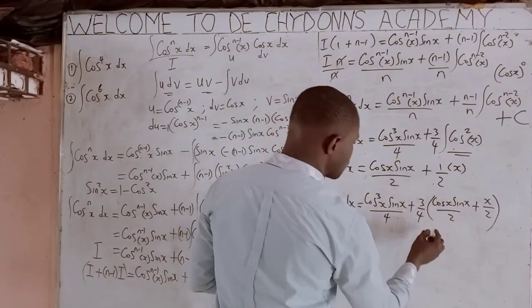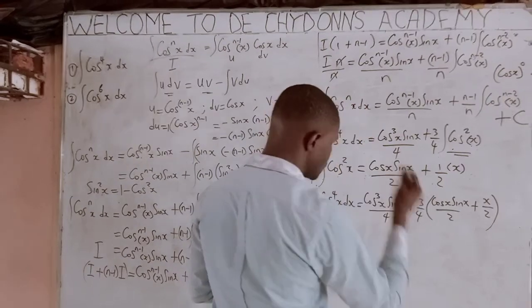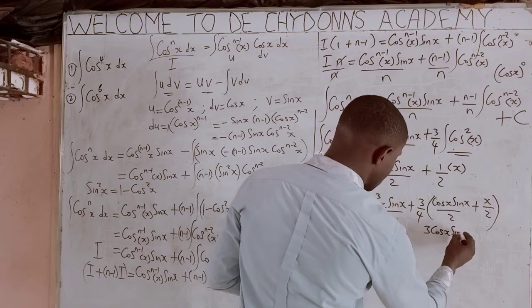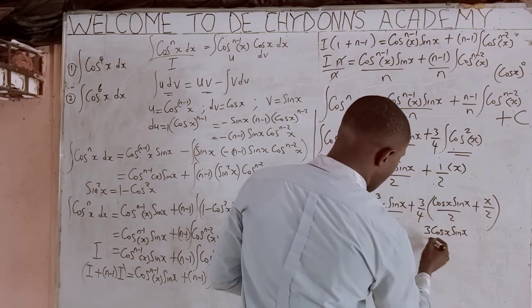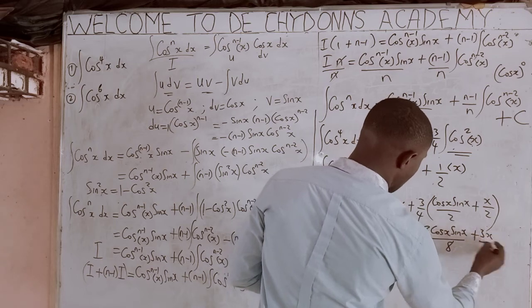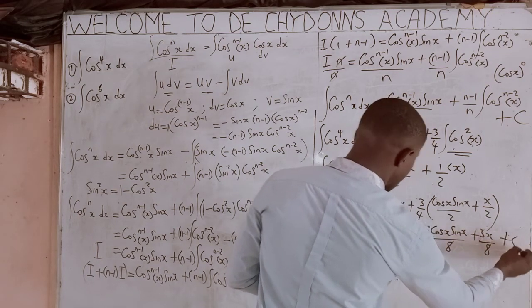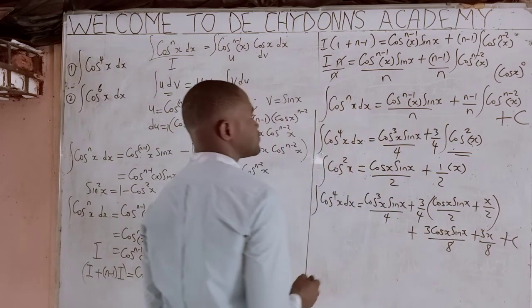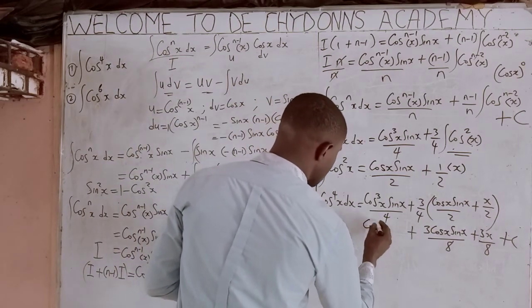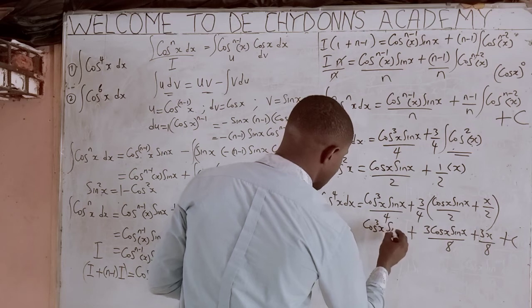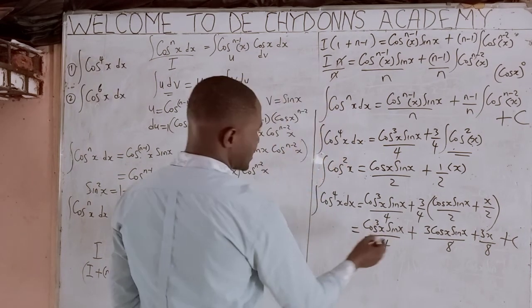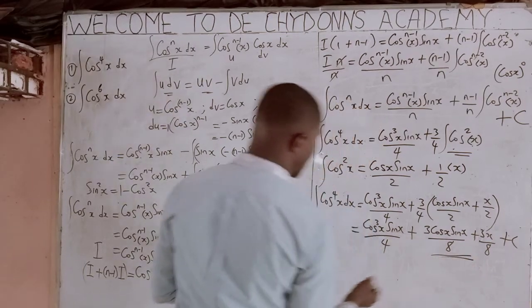Then this times this will give us 3 cos x sin x all over 8 plus 3x over 8, plus c. Then plus cos^3 x sin x all over 4. That is our final answer.